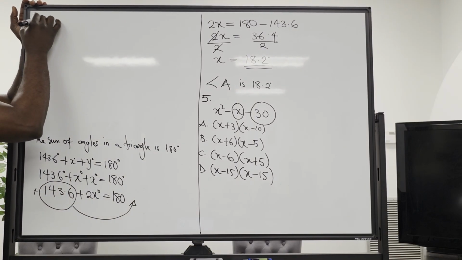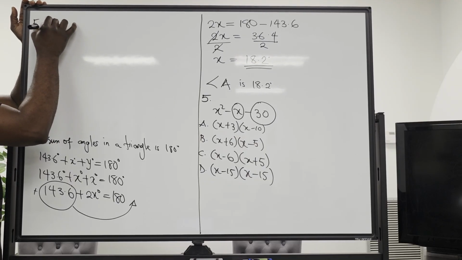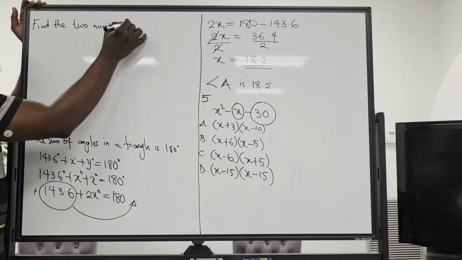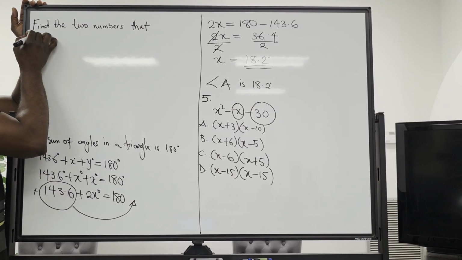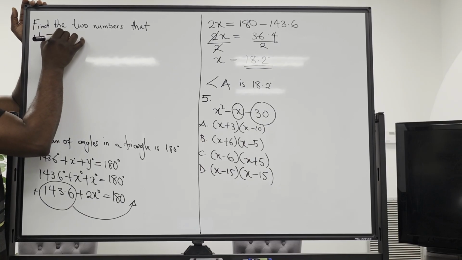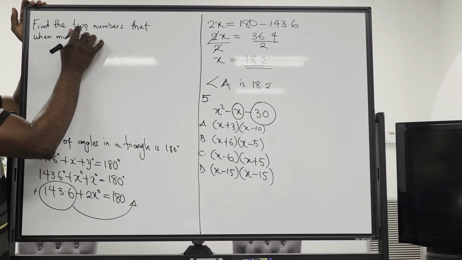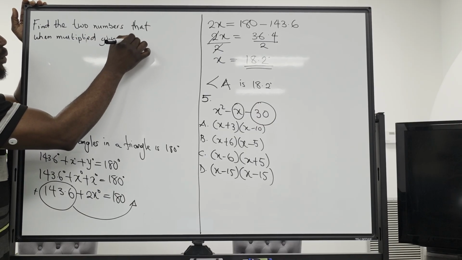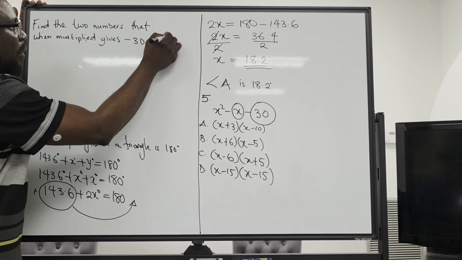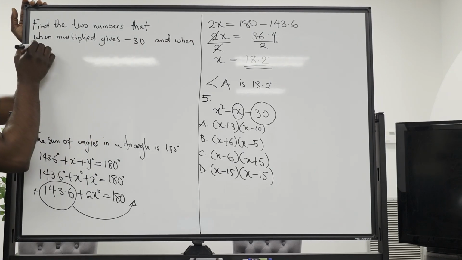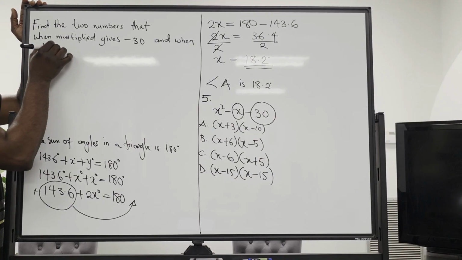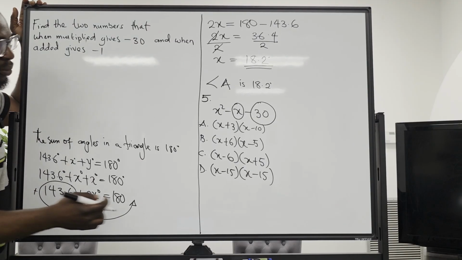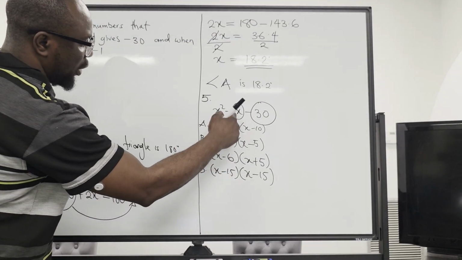So find the two numbers that when multiplied give minus 30 and when added give minus 1.